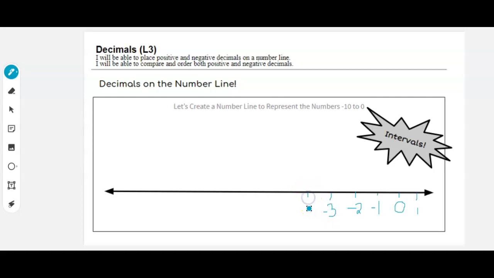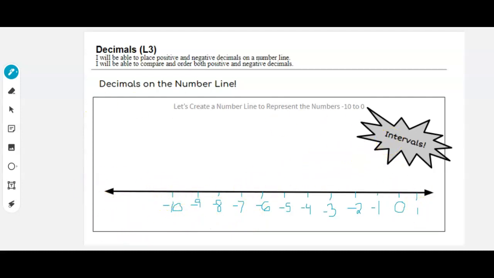It's in your packet, looks just like this page. One, two, three, four, 5, 6, 7, 8, 9, 10. Okay? I had a little bit of room, but I tried my best to cover the whole line.